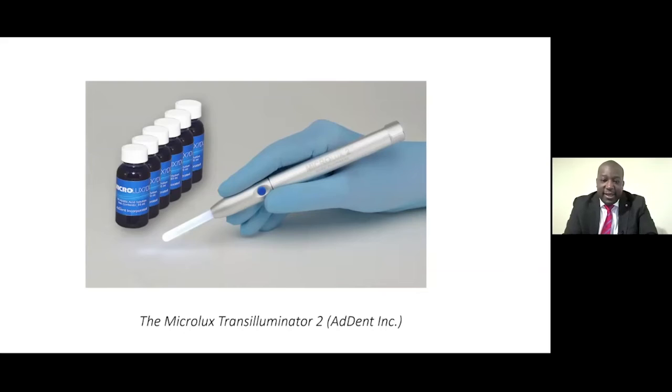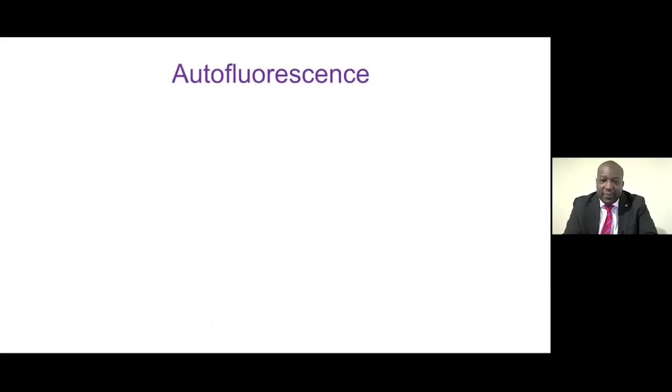So the final technique that we're going to look at is autofluorescence, and many of you have probably heard of this or got products. And what is it? Well, cells and tissues contain molecules called fluorophores.